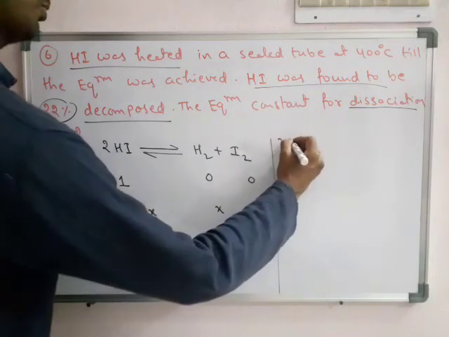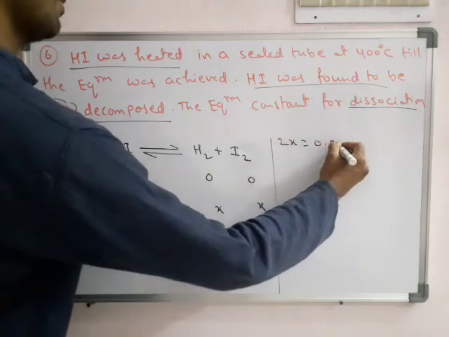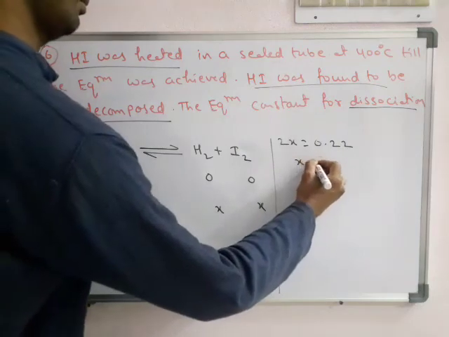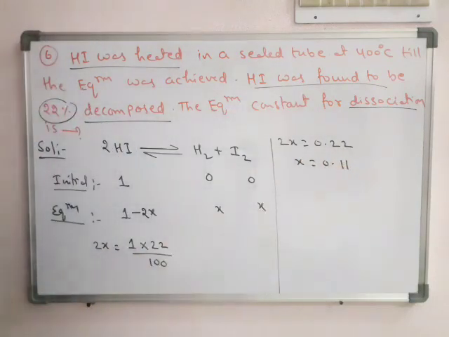So therefore 2x equals 0.22. Okay, 0.22, and here x we will get, x equal to 0.11.